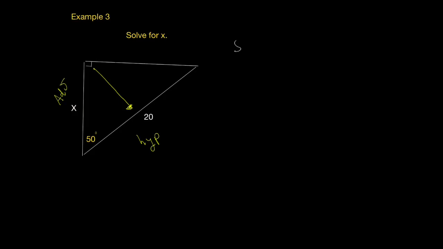Let's bring up our useful acronym, SOHCAHTOA. For this problem, we're going to have to make use of A and H. The only trigonometric function that uses A and H simultaneously is cosine. So we're going to use the cosine function this time.